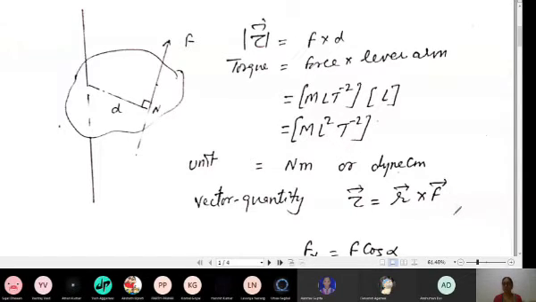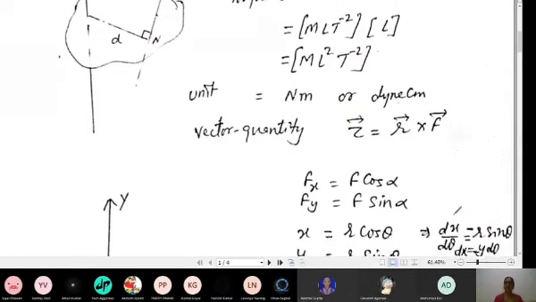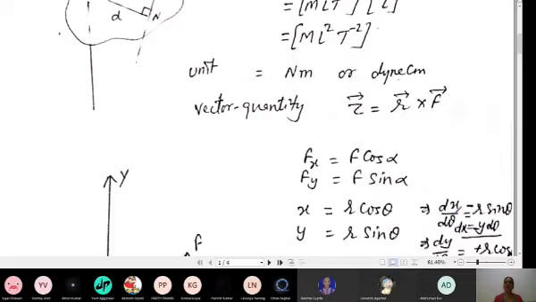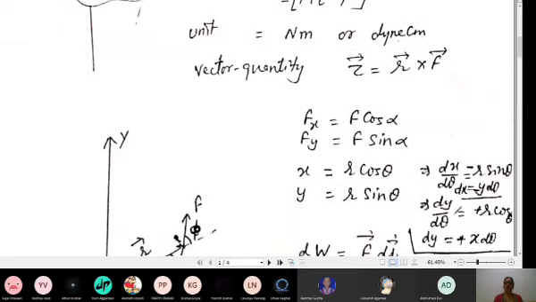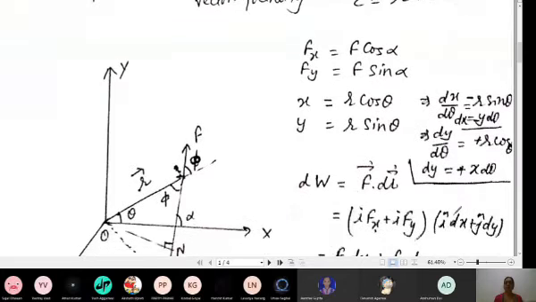So I will be doing it in two parts. First part is I'm simply writing the formula for the torque in the Cartesian coordinates. In Cartesian coordinates, you can draw this diagram.